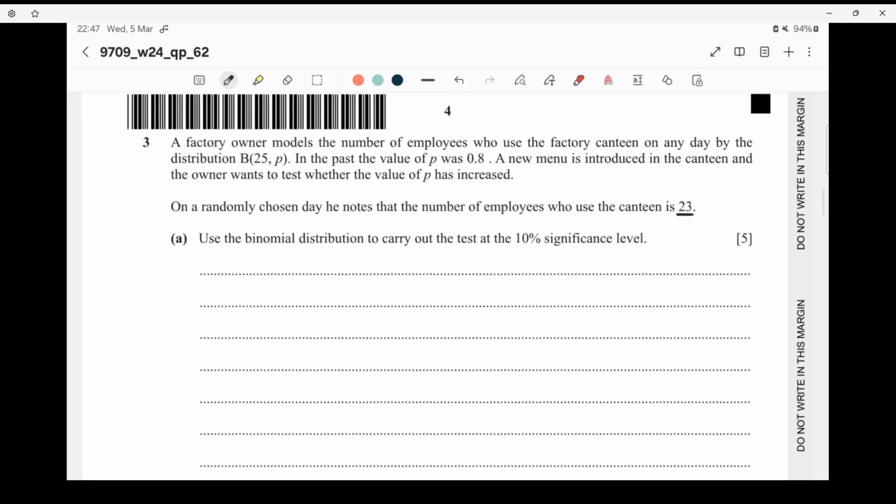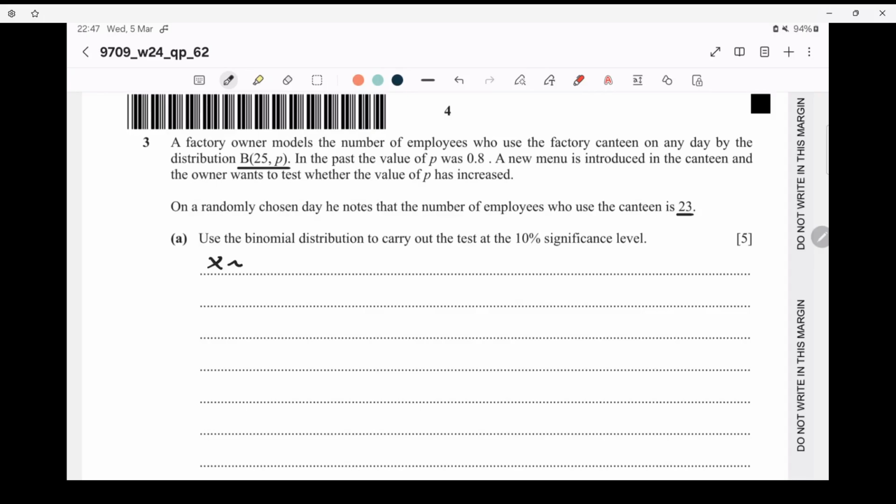Question 3, you are given the distribution and then the p-value is 0.8. Check whether or not your p-value has increased. You need to use the binomial distribution, carry out a 10% significance level test.